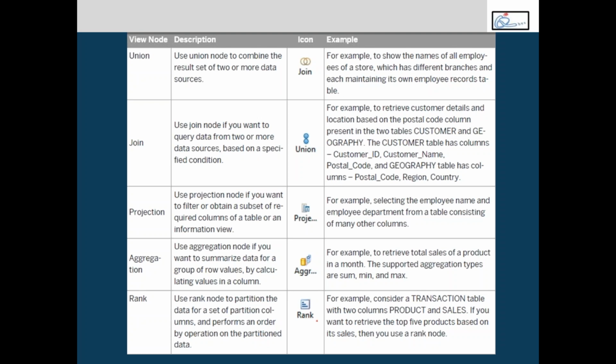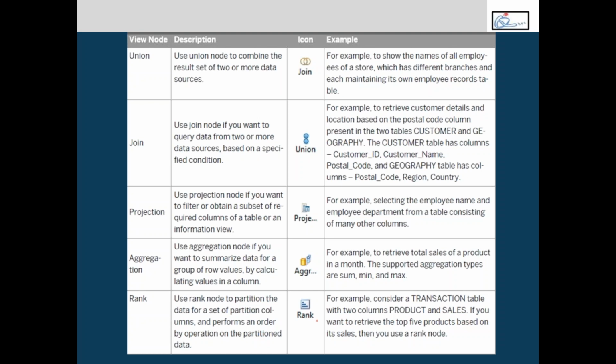So when you want to restrict the number of rows, a row level restriction by applying a filter, or restrict the number of columns of the table, that is, when you want to create a subset of the result, you go with projection. So by using projection, you can filter the rows as well as the columns.